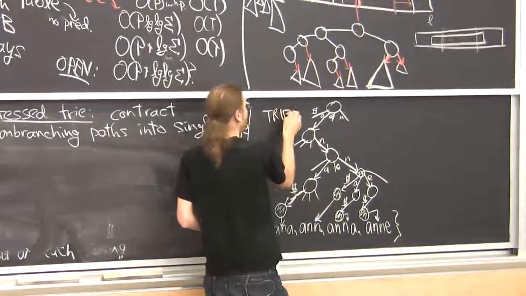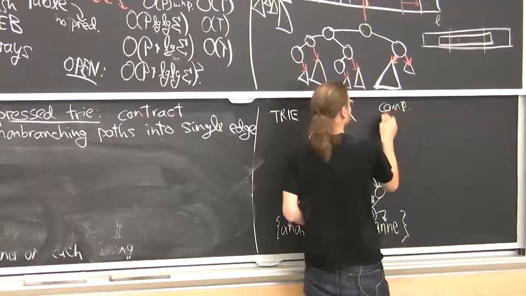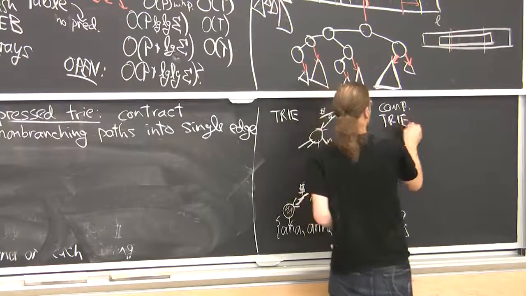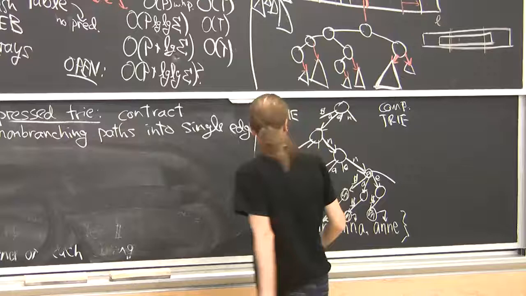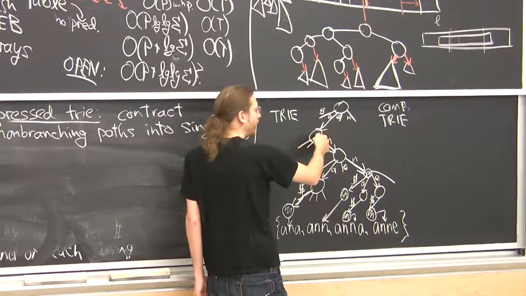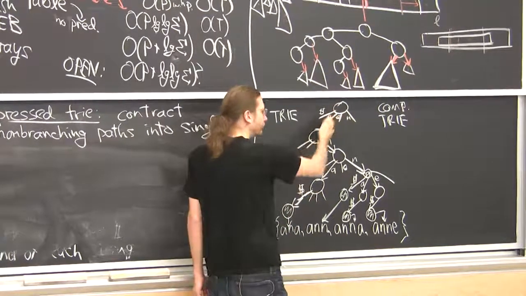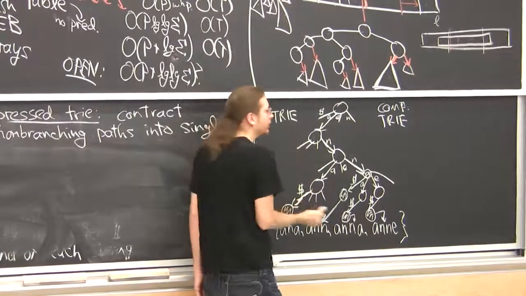So this is our example of a trie. We're just going to modify it to make a compressed trie. Namely, here we have a non-branching path. We have to follow an A, then we have to follow an N. There's no point in having this node. We might as well just have a single edge that says AN on it.